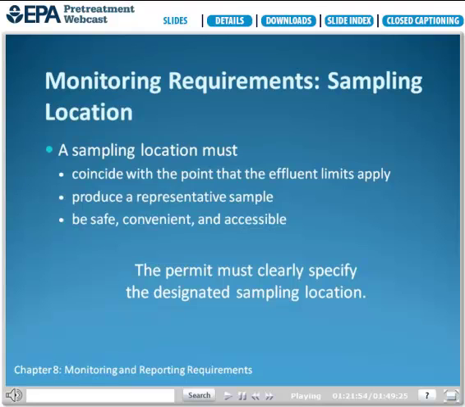And the permit must clearly identify the designated sampling location. Often I'll see a drawing or sketch which has a box around where they're going to be sampling, or if it's an outdoor location, sometimes a satellite image with the manhole location indicated.